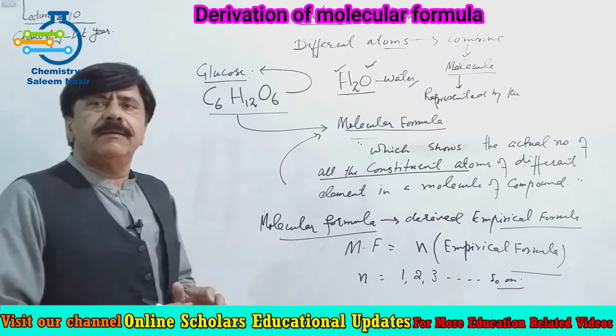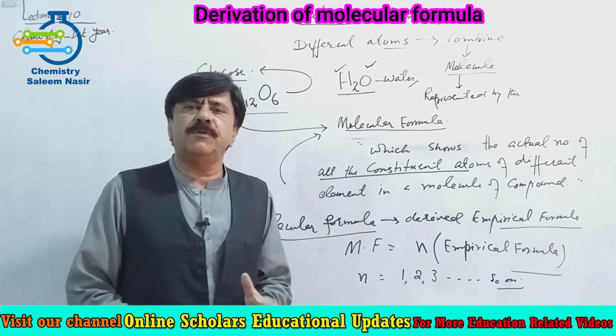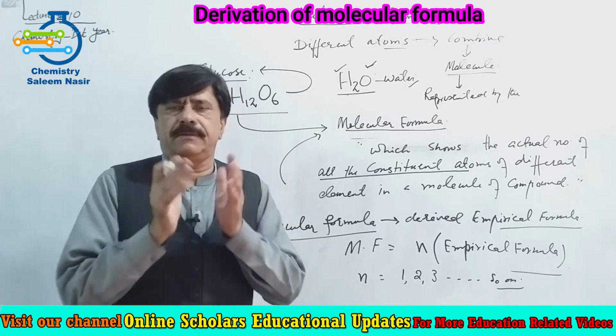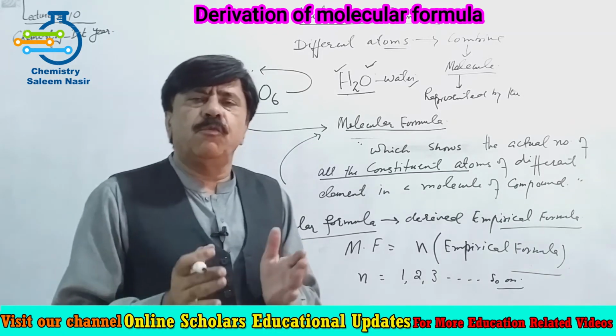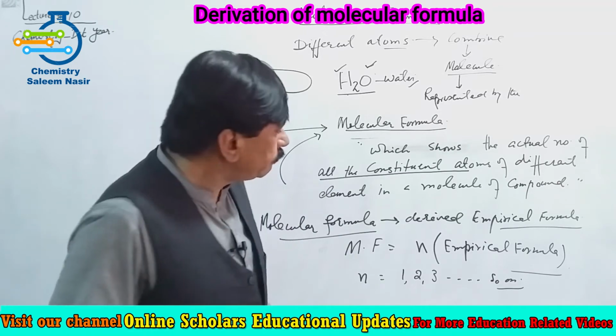We can develop the molecular formula from the empirical formula by multiplying it with a simple integer n, which may be 1, 2, 3 or 4 and so on.